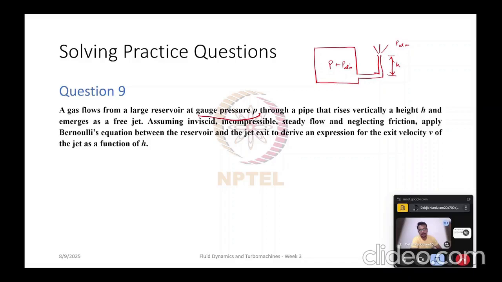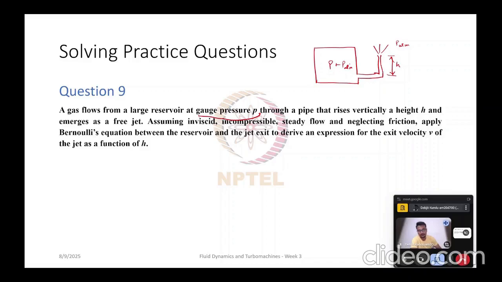And if you assume that the flow is inviscid, the flow is incompressible as well as steady, and you neglect friction. So, being inviscid and neglecting friction is the same thing. And you apply Bernoulli's equation between the reservoir and the free jet.